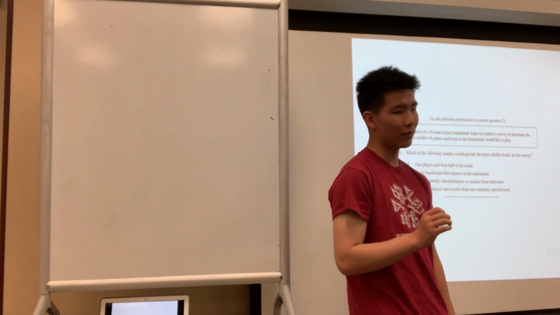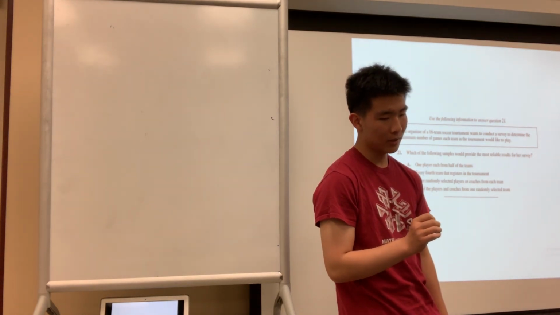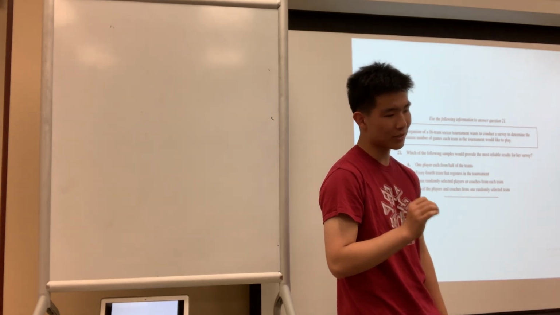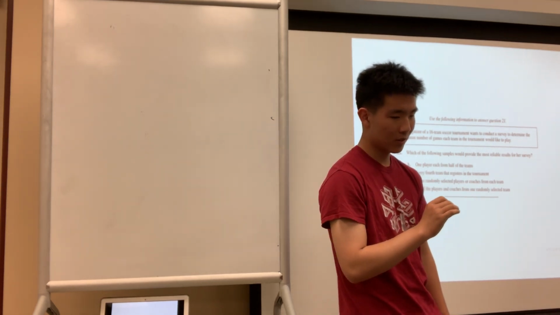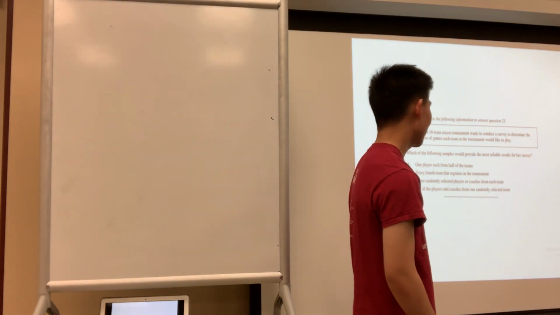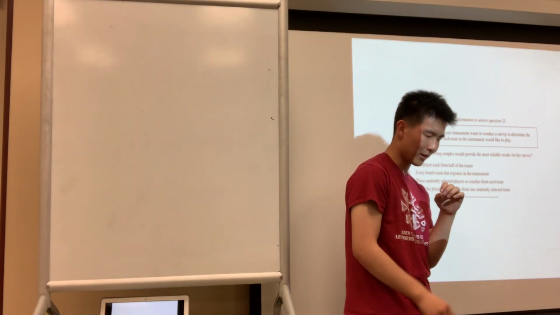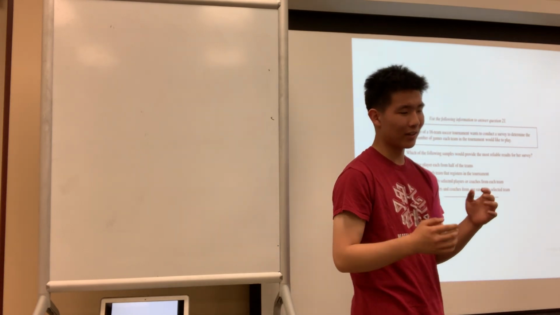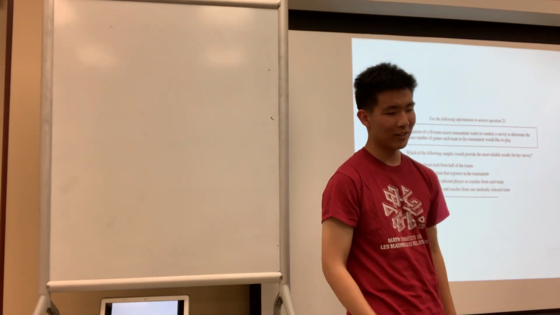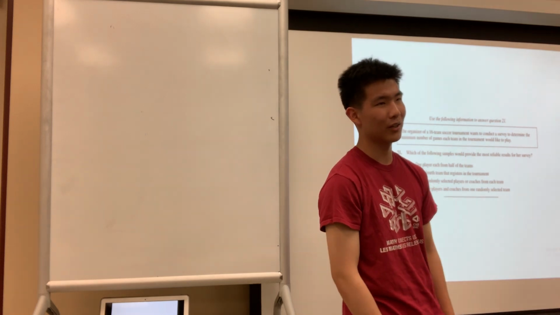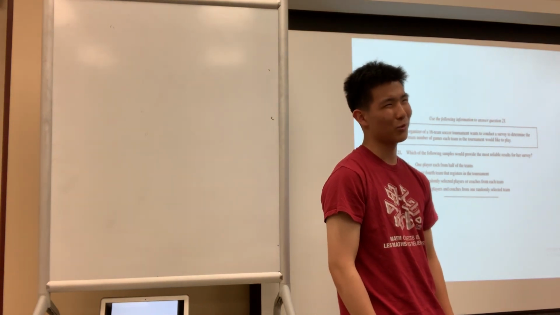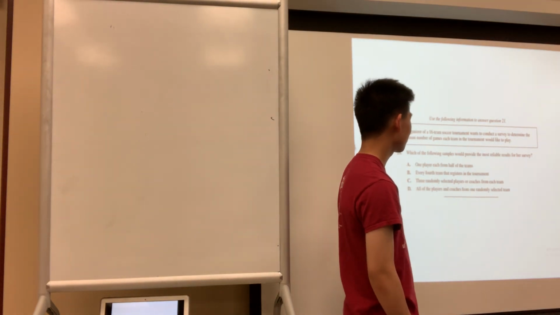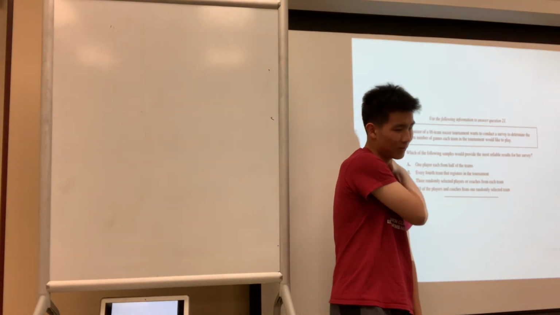So what we want to find is the option where the representative population is all 16 teams, and that it surveys enough teams to have enough data points to get a relatively valid result. Yeah. So let's just take this one at a time.